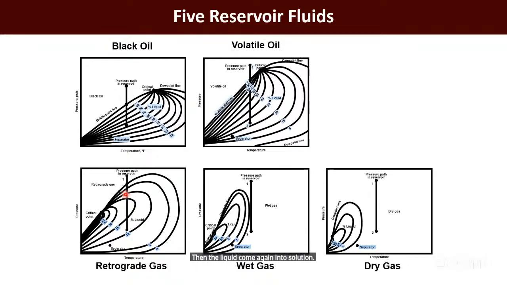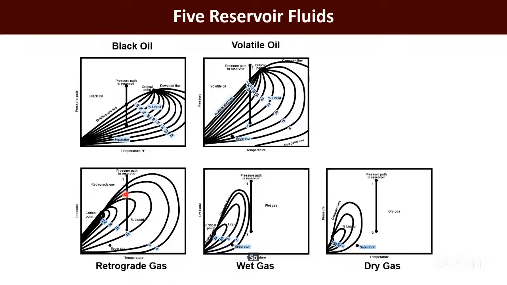The main issue of this retrograde gas is that around the wellbore or around the perforation, we may have a phenomenon called condensate banking or condensate blockage that may affect the productivity of the gas.